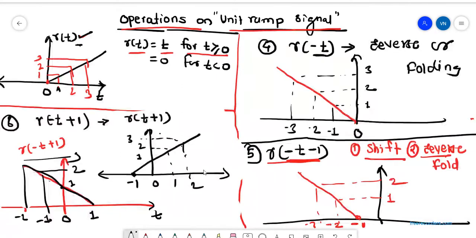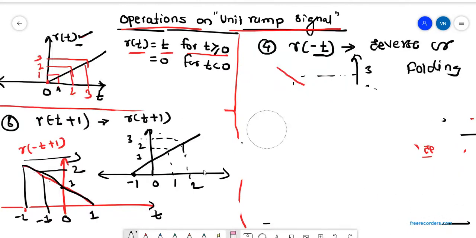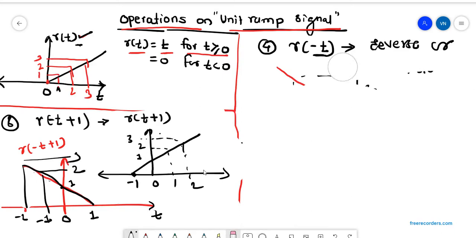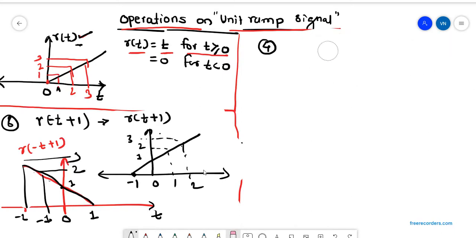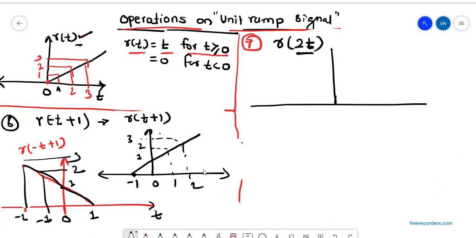So we can do different operations on a signal. Again you can do time compression, amplitude compression, amplitude amplification. How can we do that? Again, one example. For example, I have to draw r of 2t. Practically it looks like we are multiplying the time, but when we draw that signal, the meaning is that I have to divide each and every time by 2.